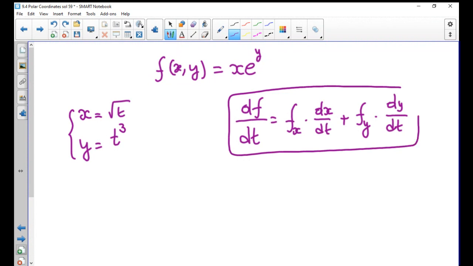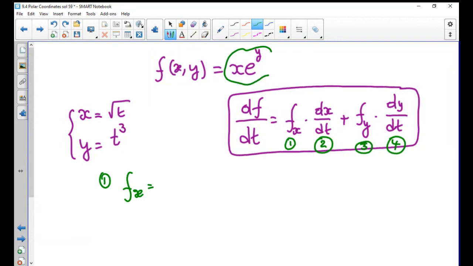That's the chain rule. That's what the chain rule says. So you need to find 4 things. Now, number 1, fx. What is the derivative of this function with respect to x?